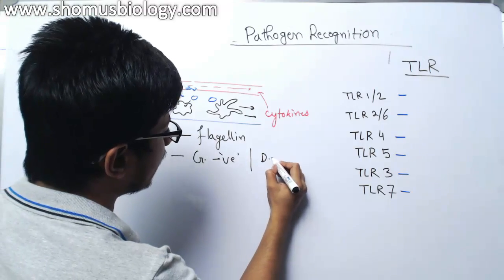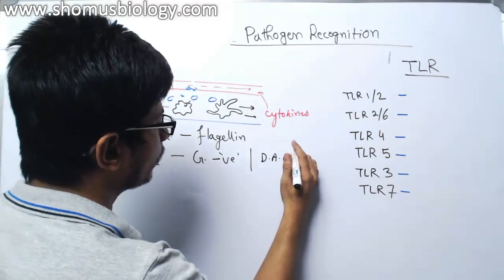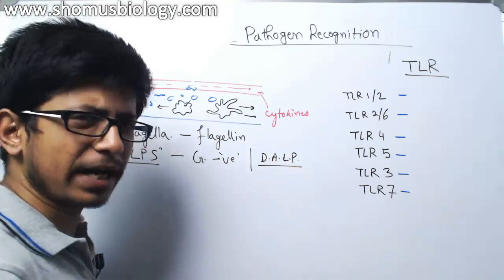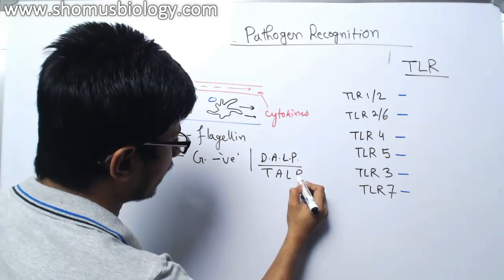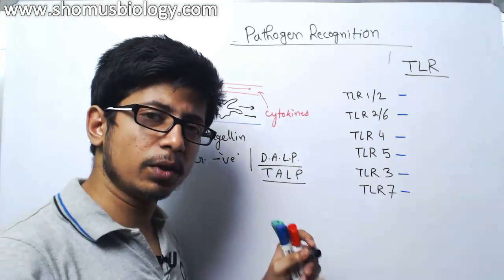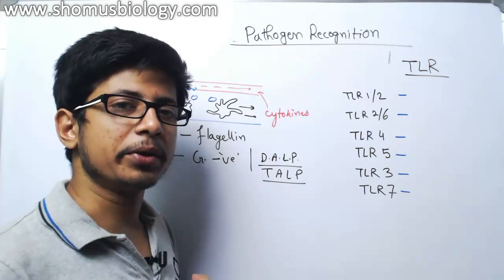For example, diacyl lipopeptides, a lipopeptide, not polysaccharide, and triacyl lipopeptides. These are things which are very unique to bacteria, not usually found in our eukaryotic cells.